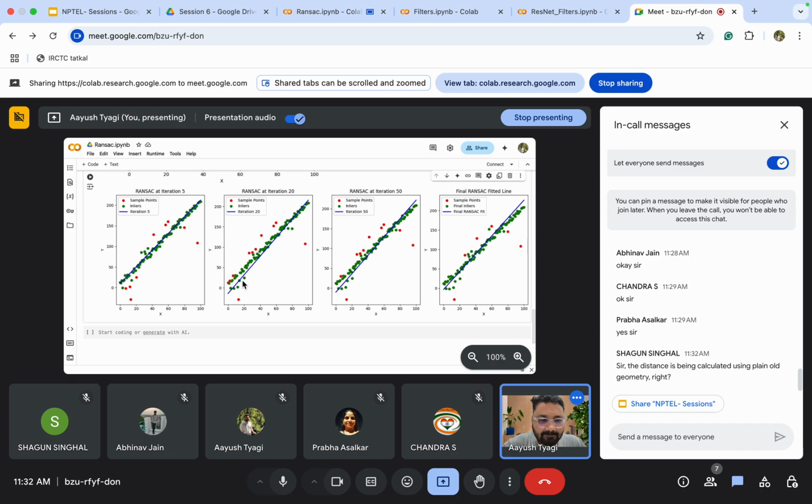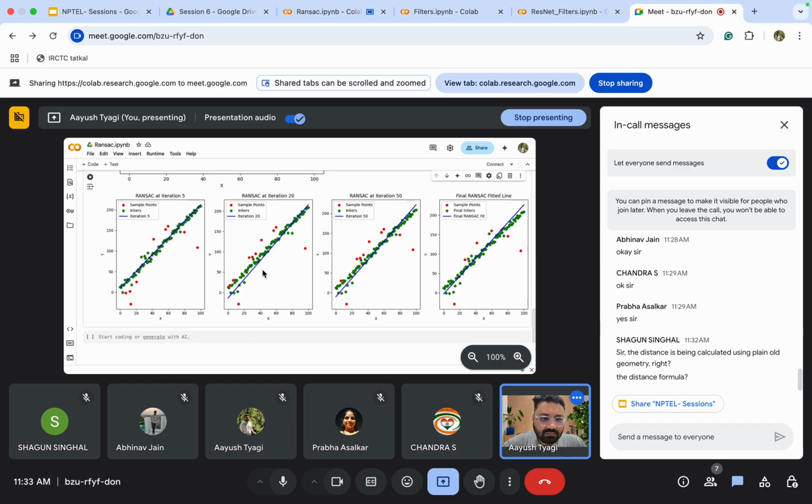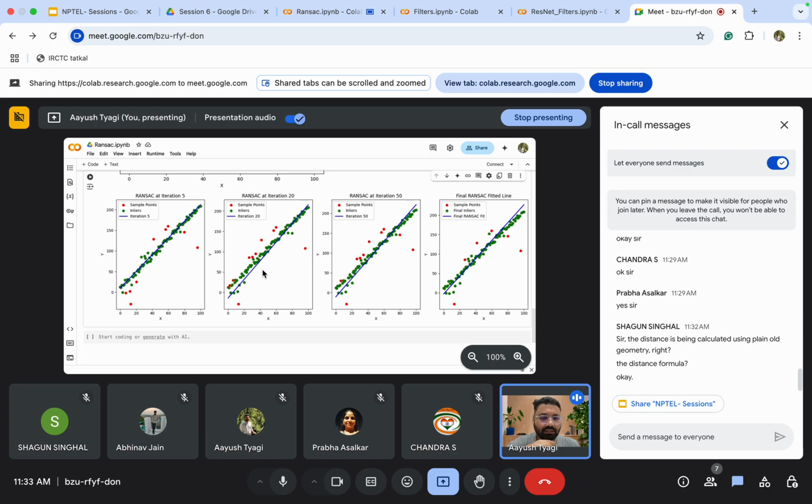Yes, distance. Basically, you have a point and a line, you project the point onto the line and find the perpendicular distance to the line. Makes sense, right? Any doubt in this?